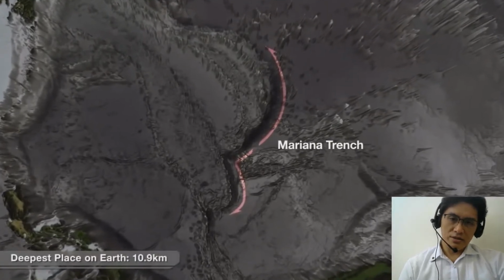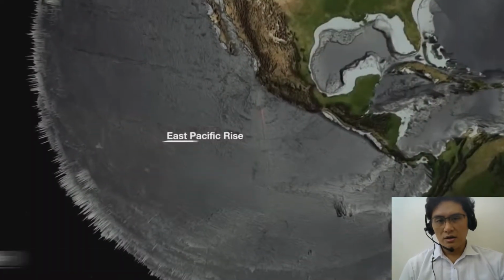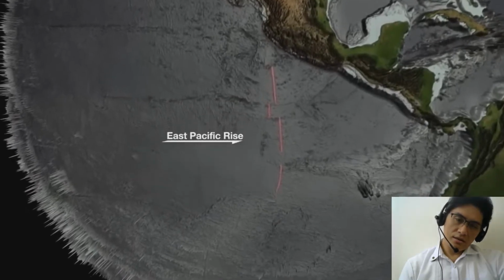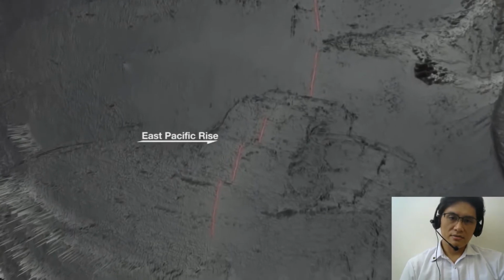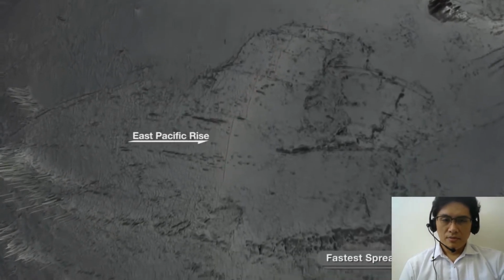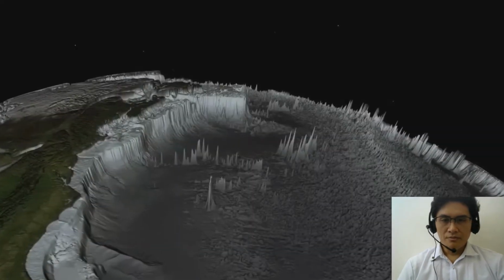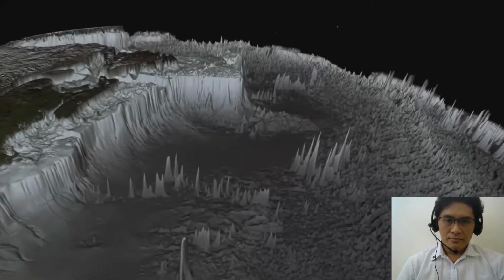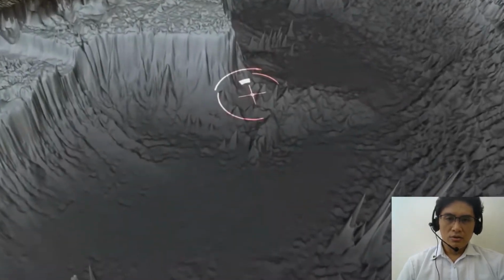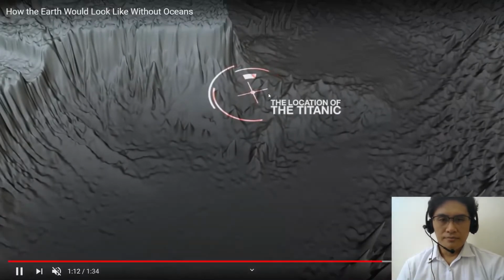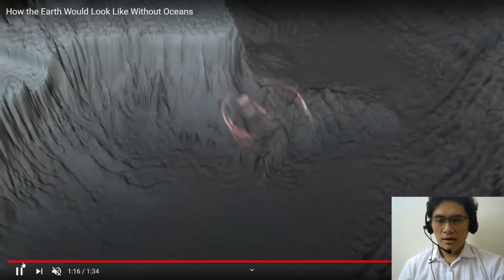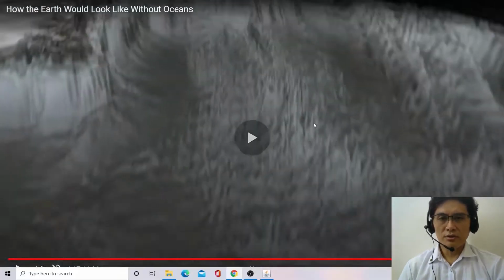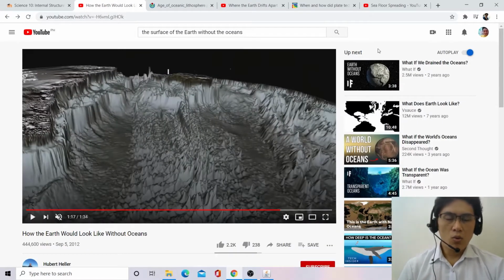We also have the Marianas Trench, obviously near the Pacific and Philippine Sea Plate, and then the East Pacific Rise. And that's how your seafloor looks. And one important thing to note here is how were the scientists able to do that?